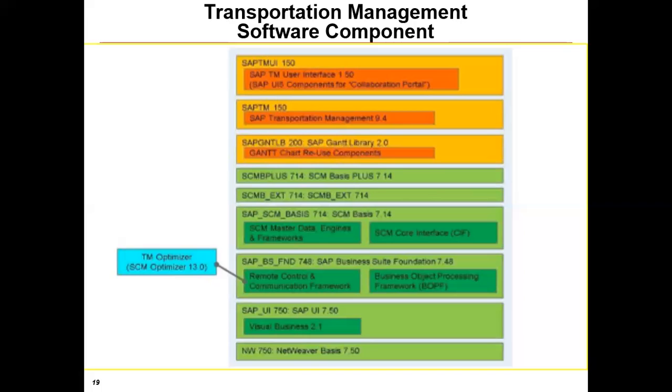So TM 150 is the high level brand, you can say, SAP TM 150, which contains the SAP TM 9.4 edition, right? Next is, you can say, SAP GNTL. Basically, it is a Gantt library. So the Gantt library is to use the Gantt chart for the different operations of TM.